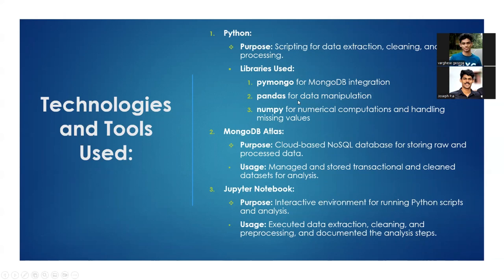PyMongo for the Mongo integration, Pandas for data manipulation, NumPy for numeric computations and handling missing values. We use MongoDB as a cloud-based NoSQL database for storing the raw and processed data.